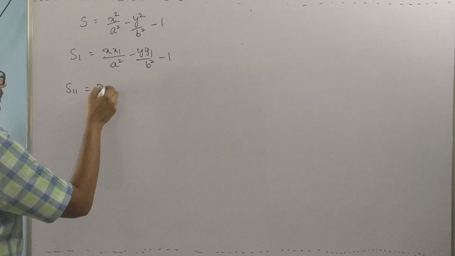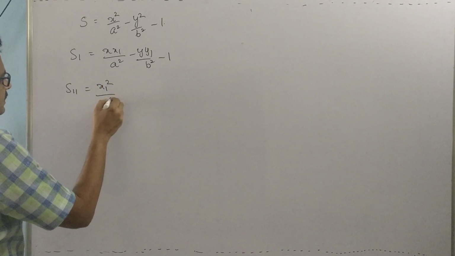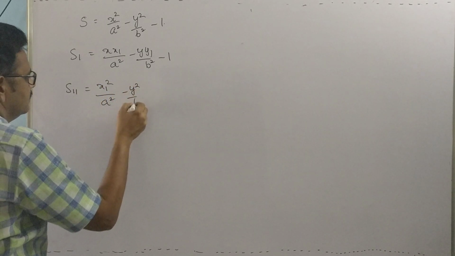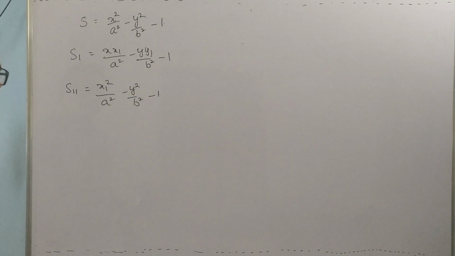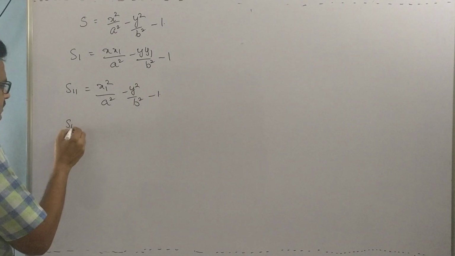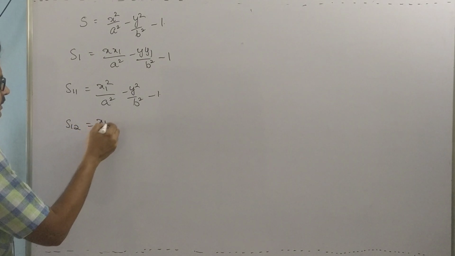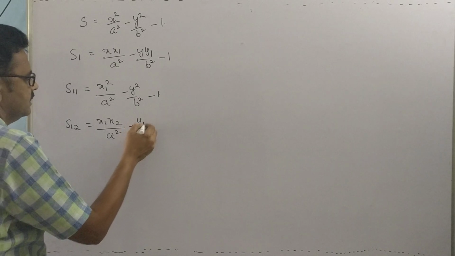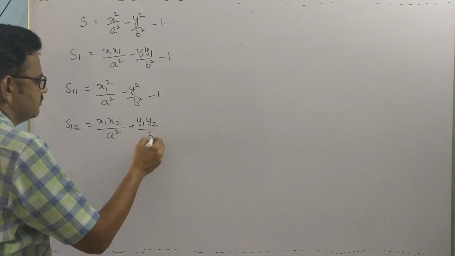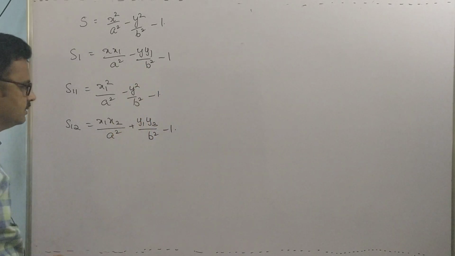S11 is x1 square by a square minus y1 square by b square minus 1. And S12 is x1 x2 by a square minus y1 y2 by b square minus 1.